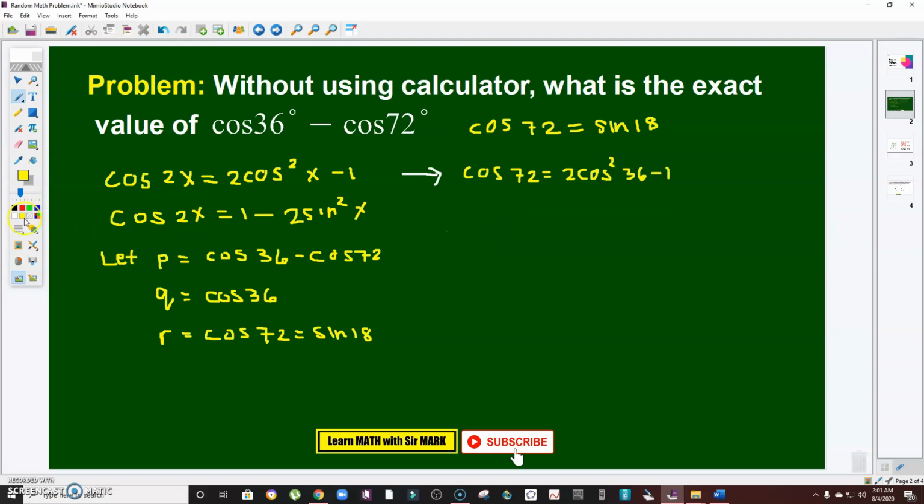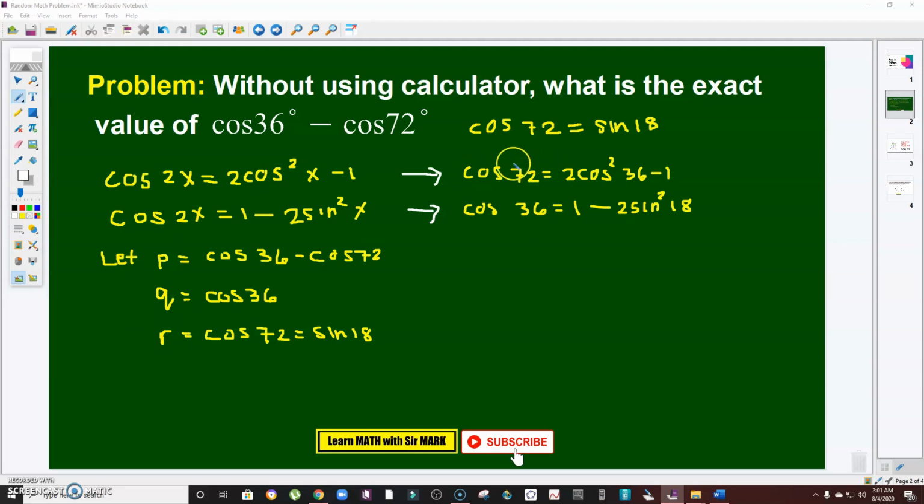Similarly, if my x is 18, then 18 times 2 is 36, so cosine 36 is equal to 1 minus 2 sine squared 18. Now let's use substitution.